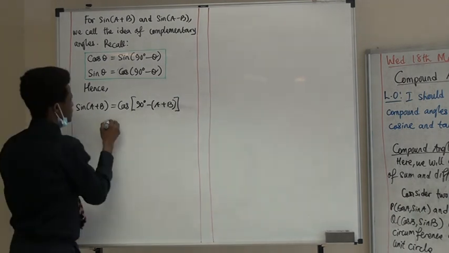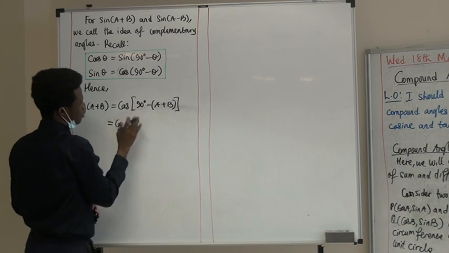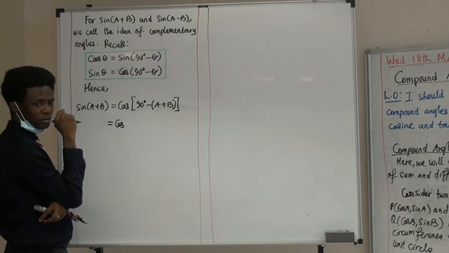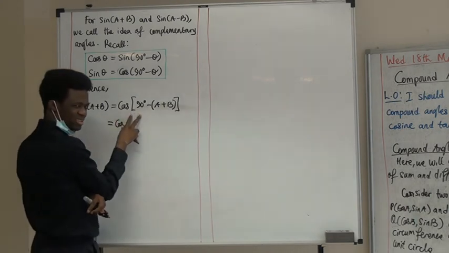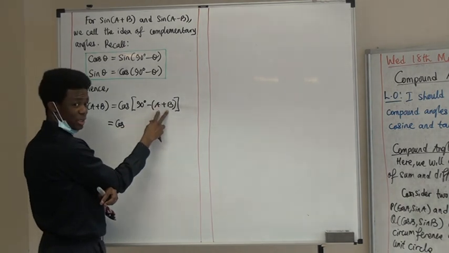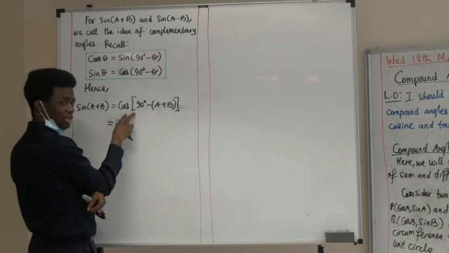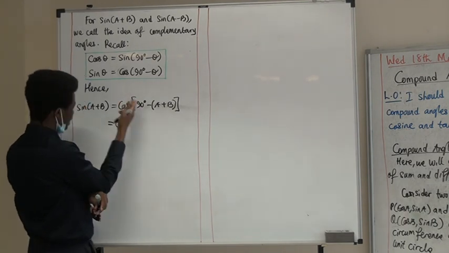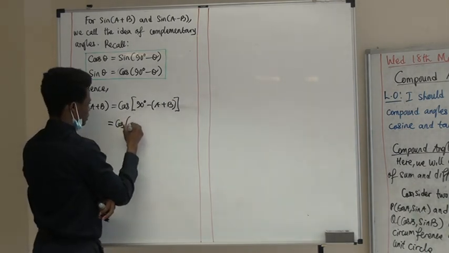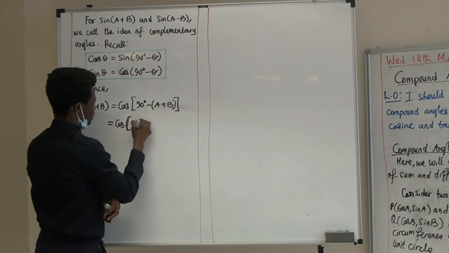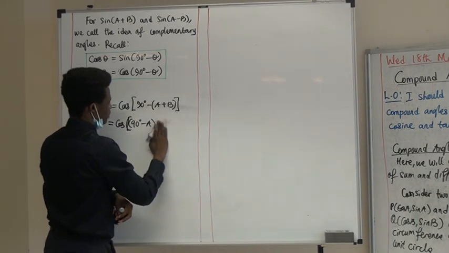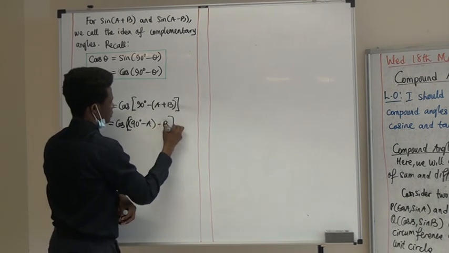So this is actually going to be, of course we can use the addition formula directly, I mean the compound angle, it's going to be cos 90 cos this, plus sine 90 sine this. So it's like coming back to square one. So we're going to open the bracket instead: 90 minus A as one, then minus B as the other. Does this make sense?